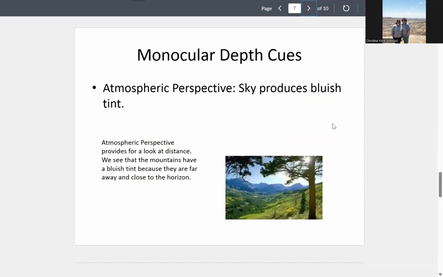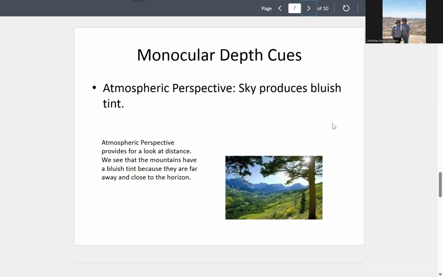The next one is called atmospheric perspective. And this is one where we look at how far away objects appear to have a bluish tint. What you're really going to look at with a picture, and you can use past pictures from like vacations or things like that, but what you want to look at is distant objects. Things like on the horizon line, like the mountains in the distance of this picture, have that bluish tint.